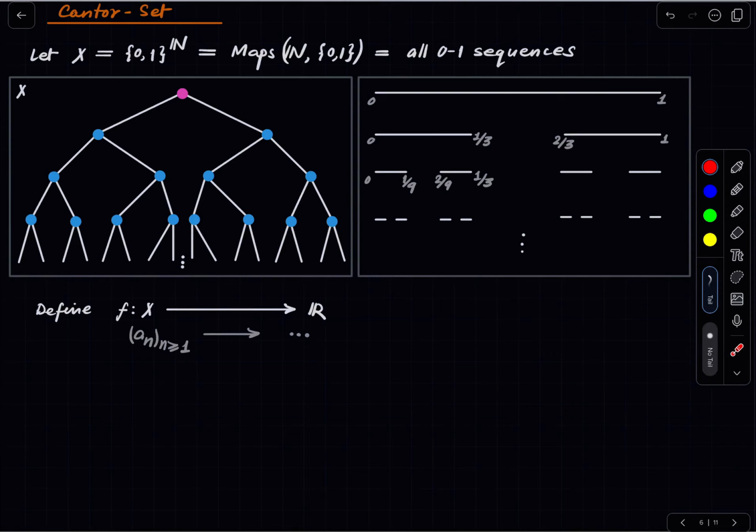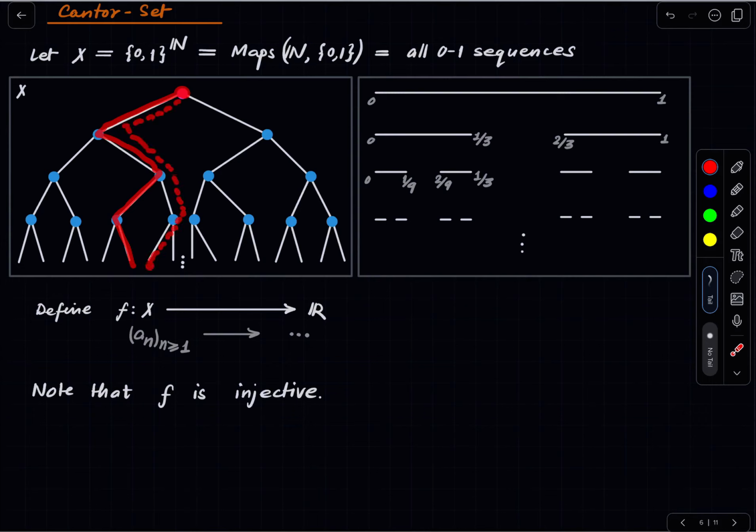Now, the crucial observation that I want to make is that F is injective. Why? Suppose we have two different points in X, so two different infinite paths have been chosen. There will be a first time when they diverge. So, for instance, suppose we have this path and we have this path.